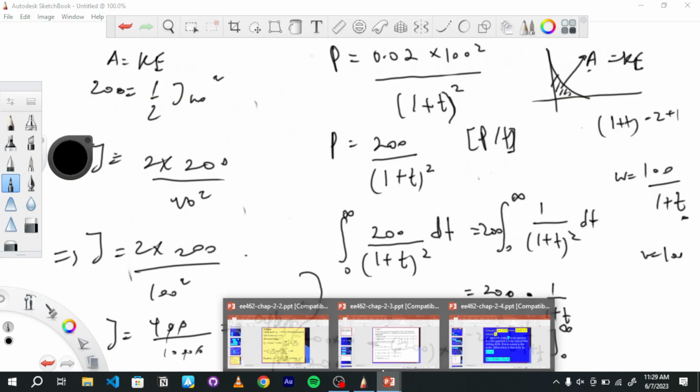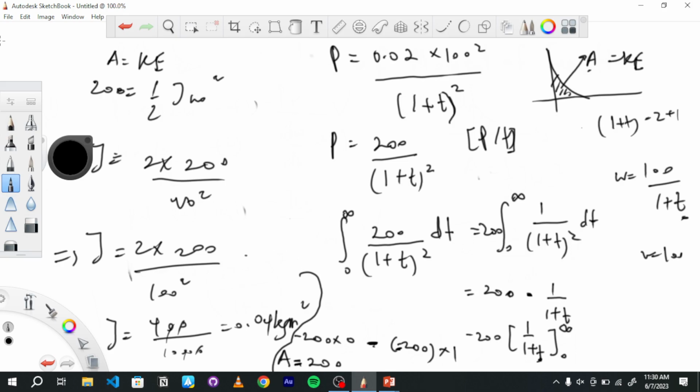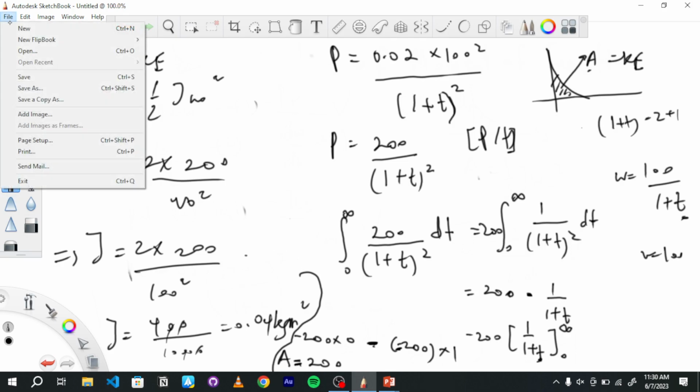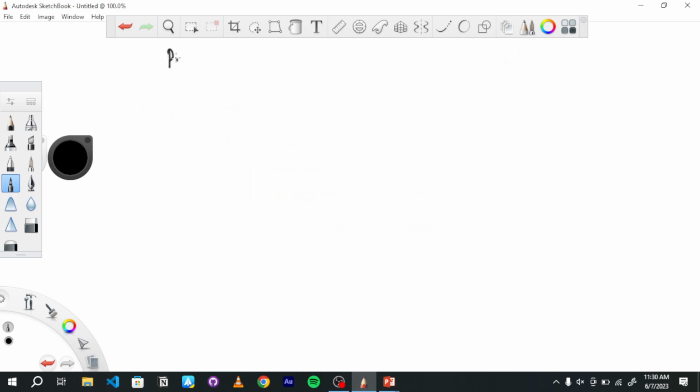Next question, right? Now it says that the rotational losses of a motor are given by 0.02 omega squared. So we've been given PL to be equal to 0.02 omega squared.